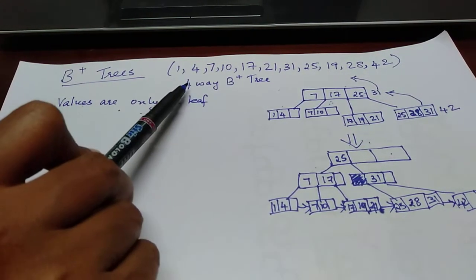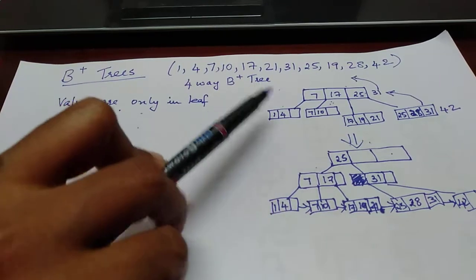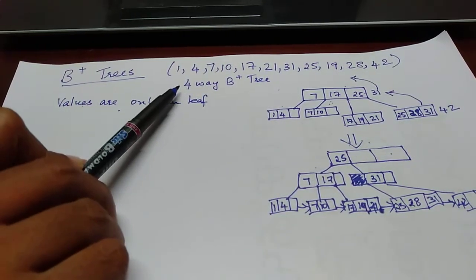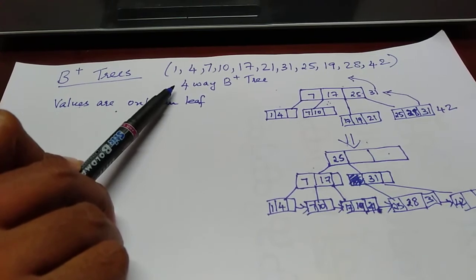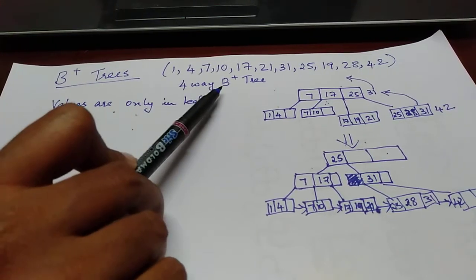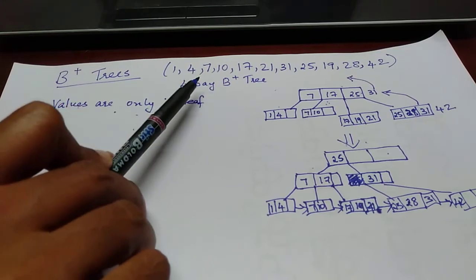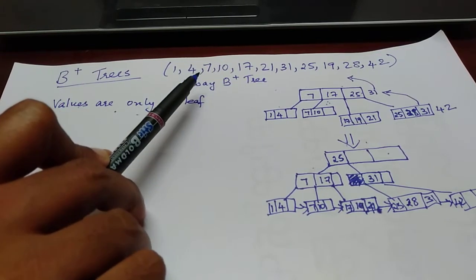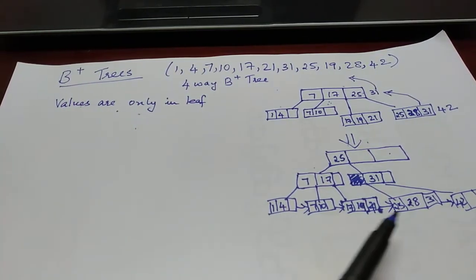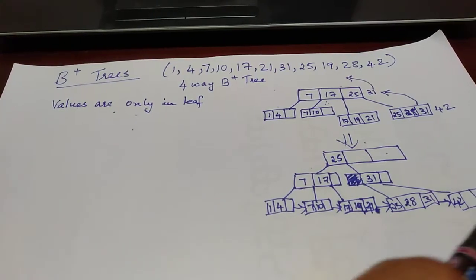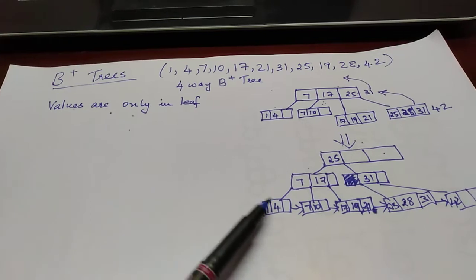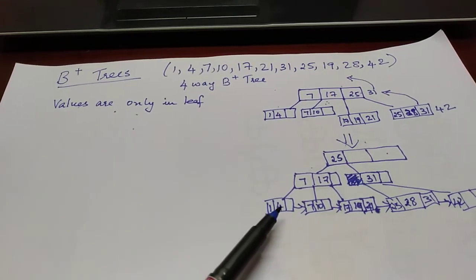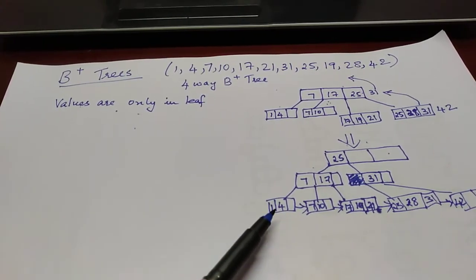That means at any particular stage the maximum number of children for a node is 4, and because it is a B plus tree, values will only be in the leaf nodes. You can see that all the 11 values will be available in the leaf nodes. Each leaf node will represent a cluster. Later on, when we use it for BIRCH, I will tell you how it represents a cluster.